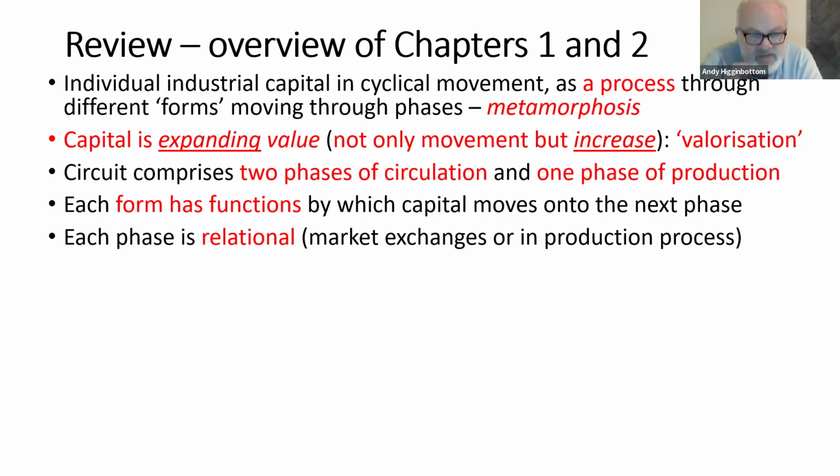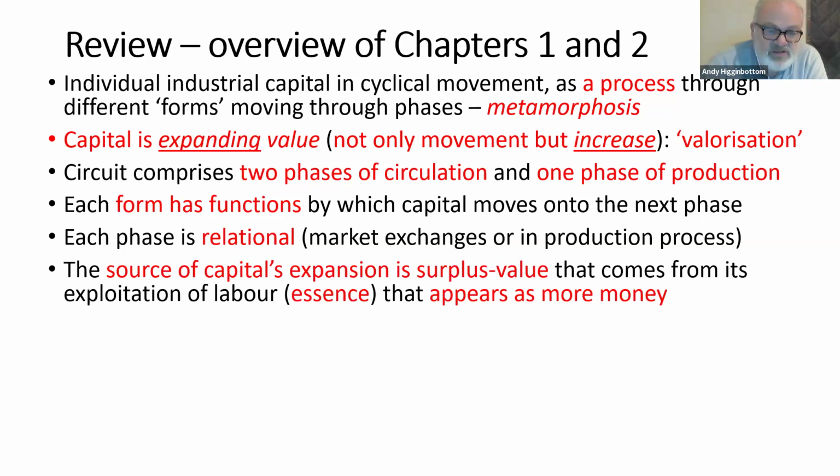It can only mutate if it's successful in establishing relations with other entities. In the case of the market exchanges, it's buying or selling. In the case of the production process, capital has to be successful in order to expand in exploiting labor in the production of commodities.